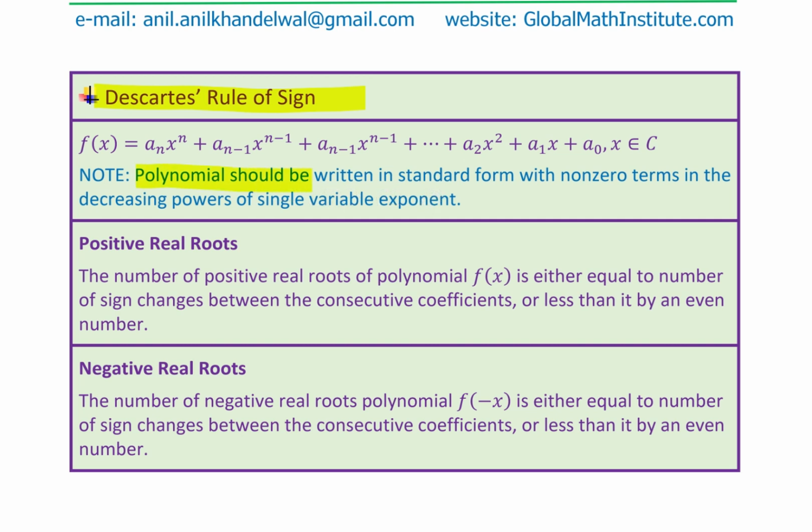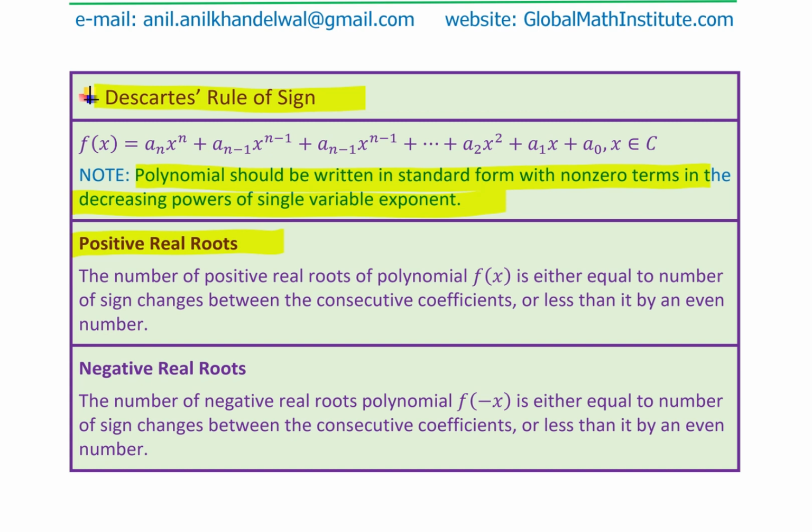That is kind of very important to understand when we are talking about Descartes' rule. Now, if that is done, we can find how many positive roots can exist. The rule here is that the number of positive real roots of polynomial f of x is either equal to the number of sign changes between the consecutive coefficients or less than it by an even number.